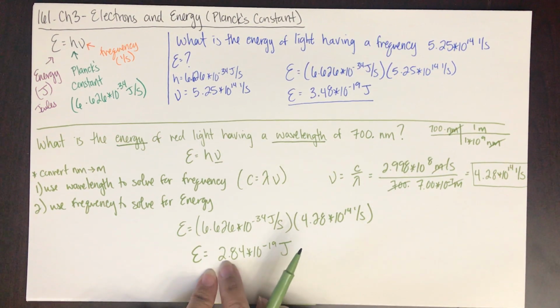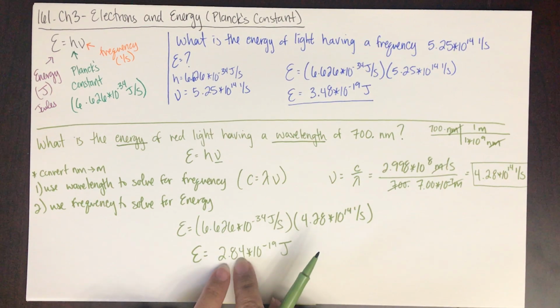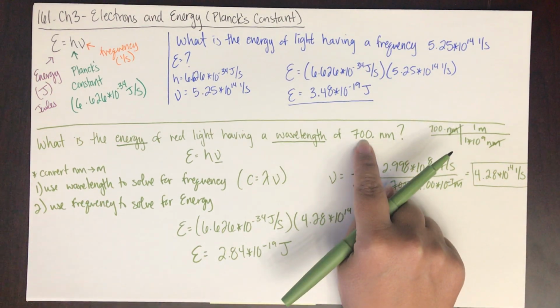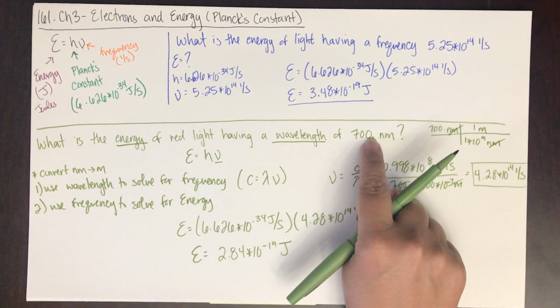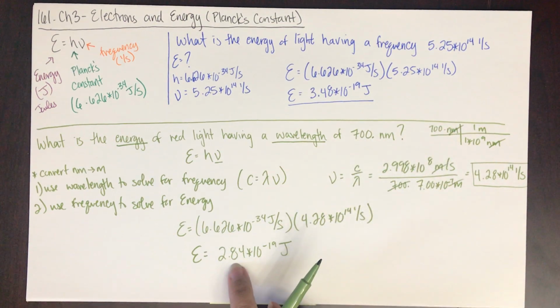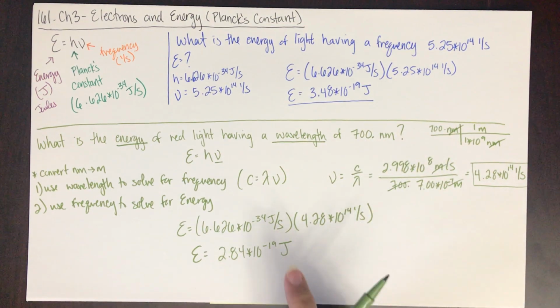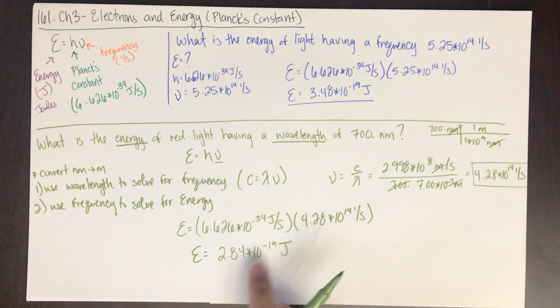And last is that you have the correct number of significant figures. This number, 700 with a decimal point at the end, has 3 significant figures. That decimal place makes these 2 zeros significant. So now my answer needs to have 3 significant figures. So the right math, the right unit, the right number of significant figures, all 3 of those are important to have a completely correct answer.